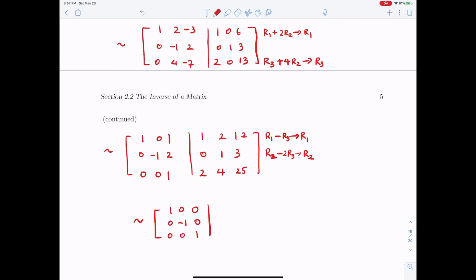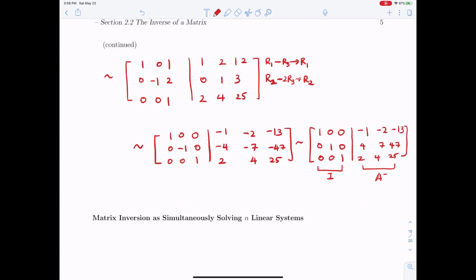On the right side, we get negative 1, negative 2, negative 13, negative 4, negative 7, negative 47, 2, 4, and 25. And if you reverse the sign on the second row, this gives you the identity matrix on the left and the inverse matrix of A on the right side. So you can tell that A has an inverse matrix, and A inverse is given by negative 1, negative 2, negative 13, 4, 7, 47, and 2, 4, and 25.